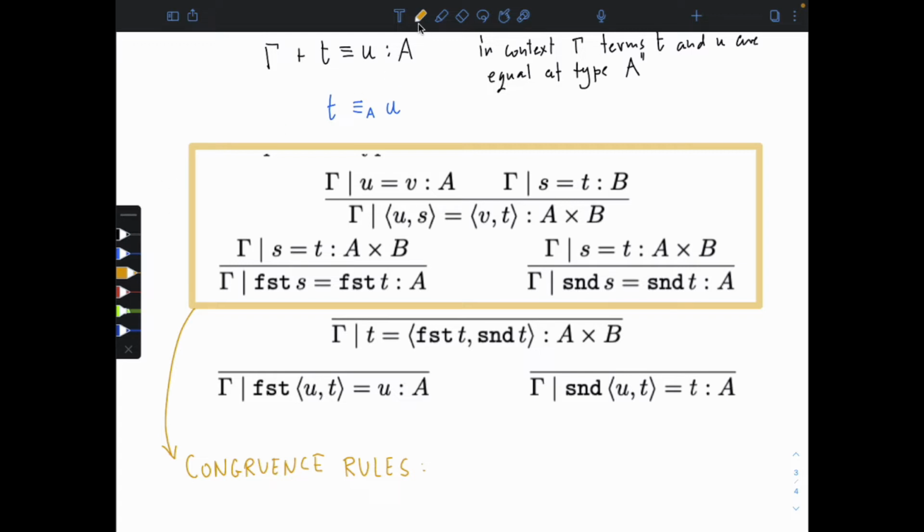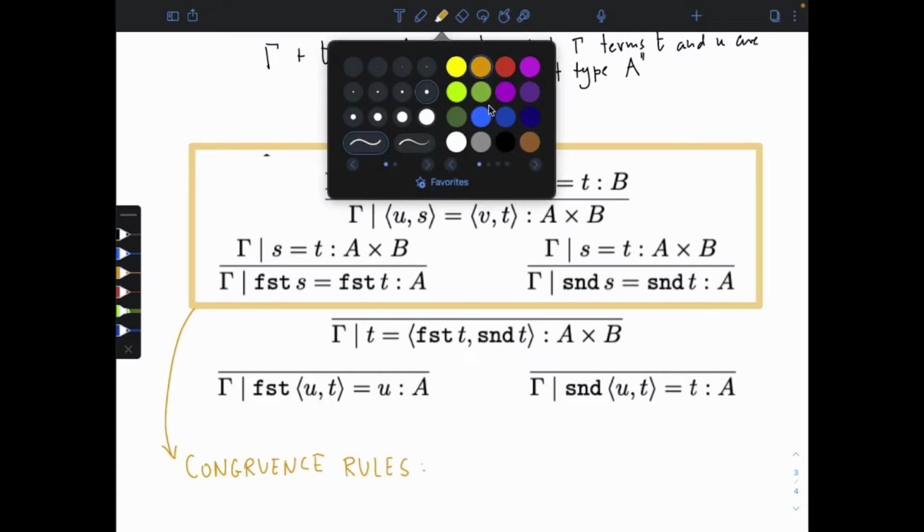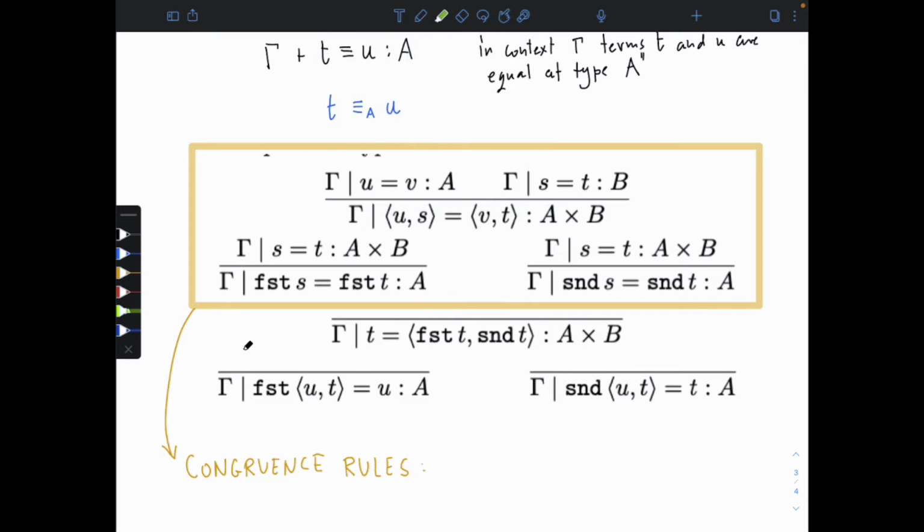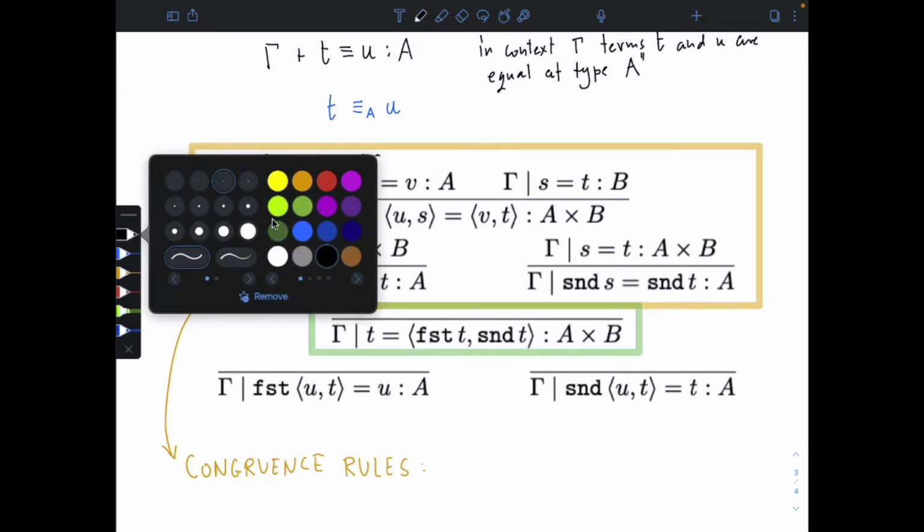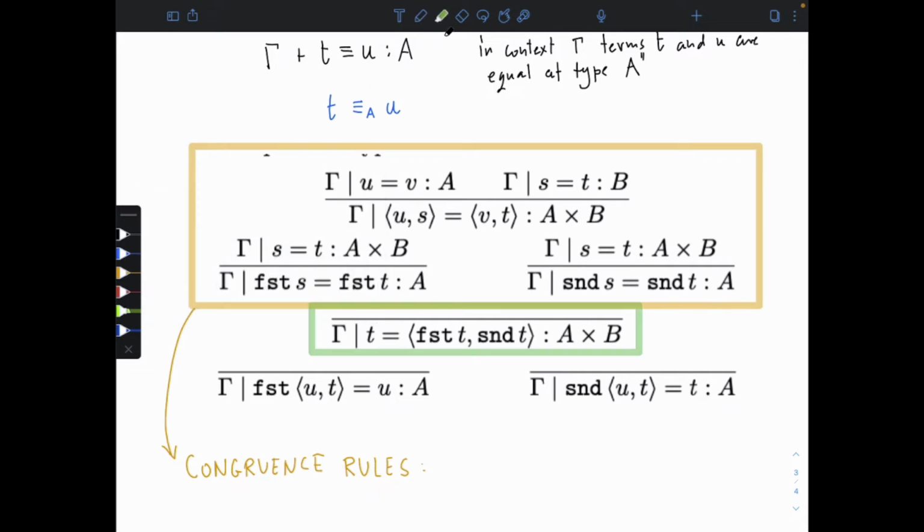Now, the second batch of rules are the computation rules. And these guys are the interesting ones. And in this case, we just have this one. Okay, so this guy here, no, sorry, that's not the computation rule. This is a different guy. So this one, okay, let's do the computation rules first because we should have a break soon.